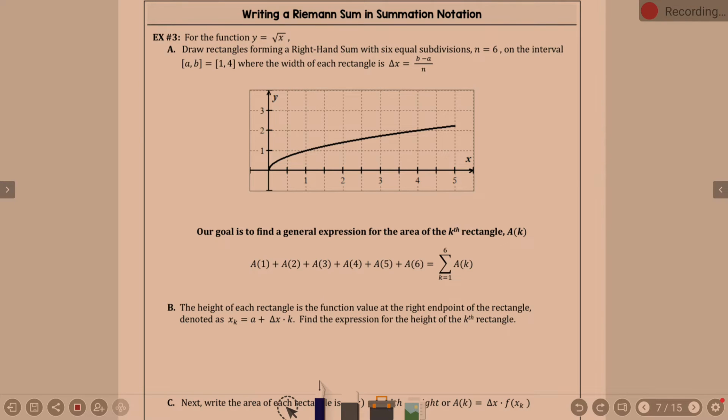For the function y equals square root of x, which we have a lovely provided piece of the graph, draw rectangles forming a right-hand sum, 6 equal subdivisions, n equals 6, on the interval of 1 to 4, where the width of each rectangle is delta x.